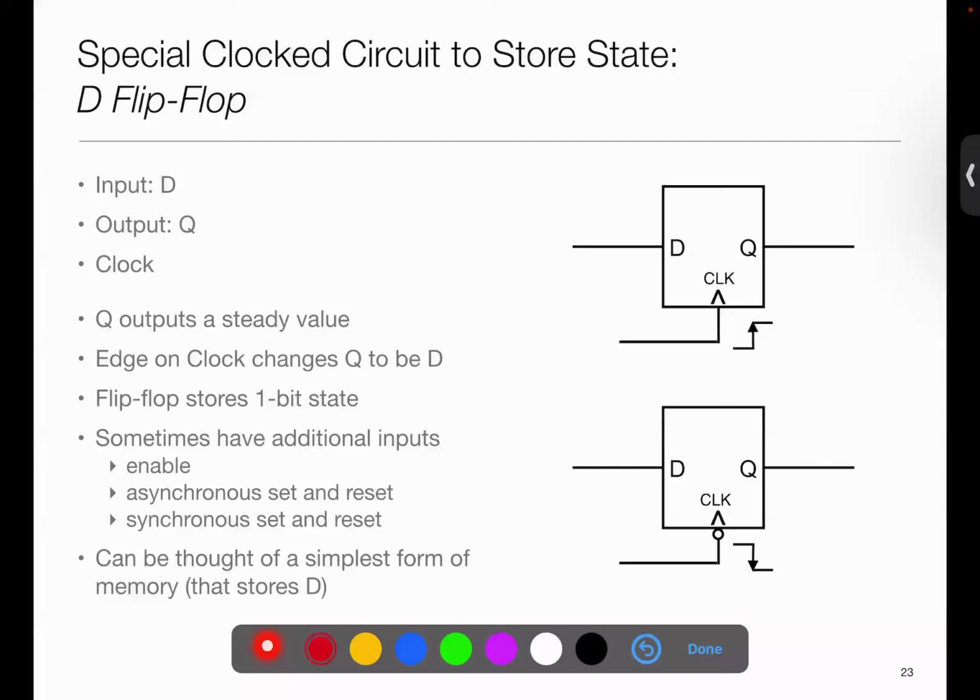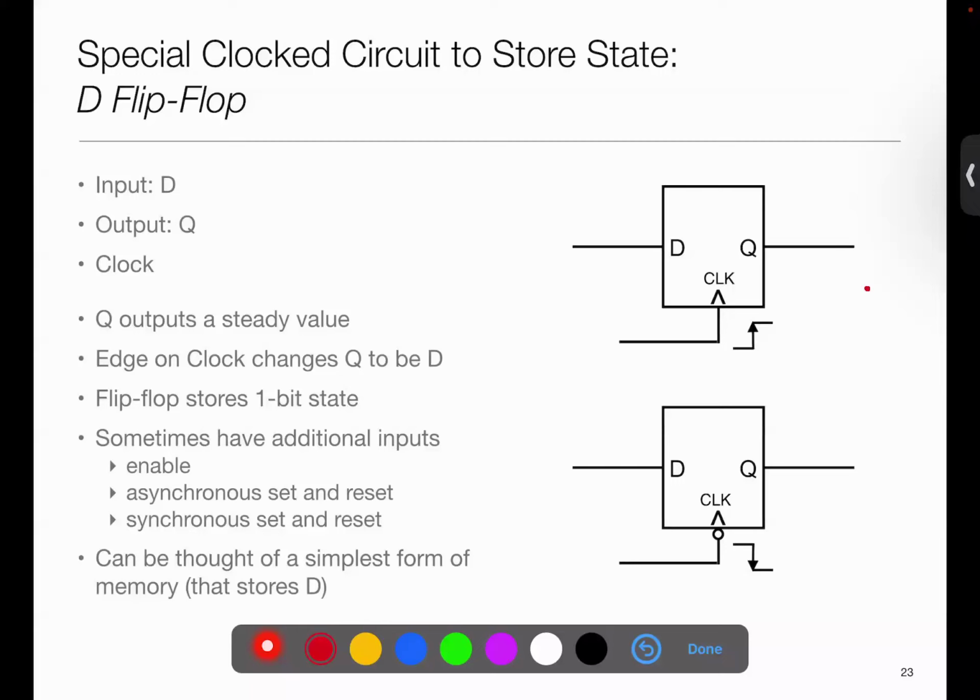It is typically drawn as shown in the figure on the top right. It has an input D, think of D as the data, an output Q, traditionally called Q, and then the clock.